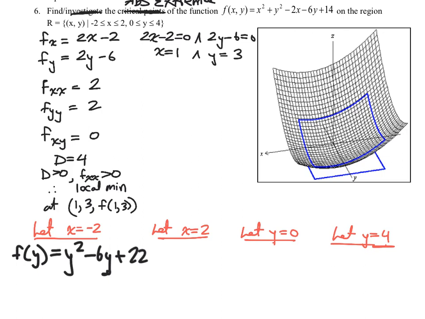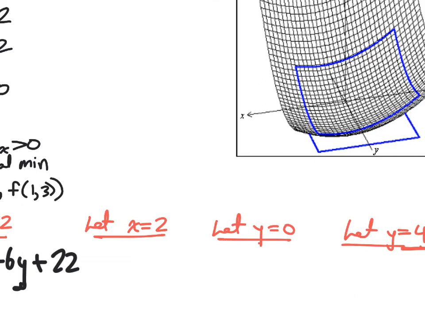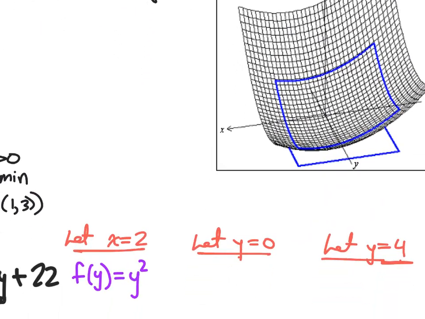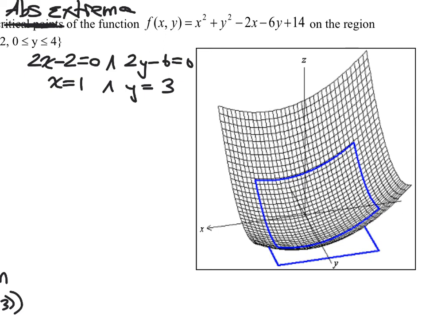So y squared, f of y. I think I have to zoom in more. Not that much. Y squared minus 6y plus 14. Now, if y goes to 0, each of my 0 terms are gone, so x squared minus 2x plus 14.